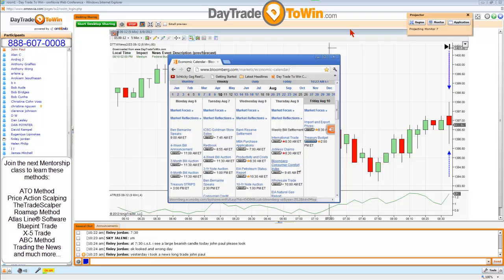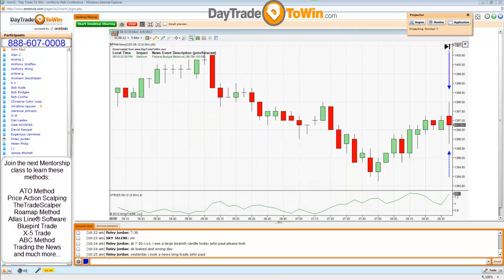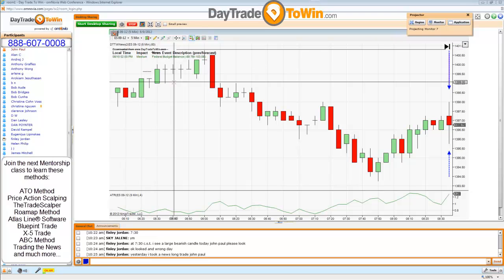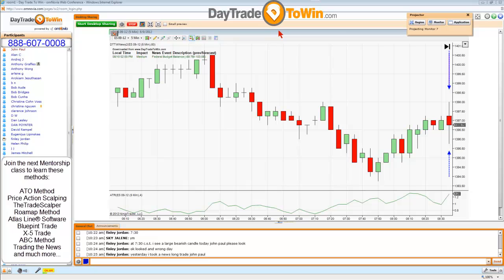download this news indicator from DayTradeToWin.com under free software, and it could tell you and upload on your chart automatically when there is a news event, and it tells you a day or two in advance, however you want to set it. You can set it for international, you can set it for US only.